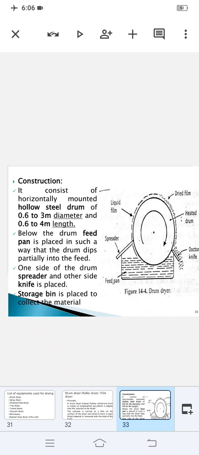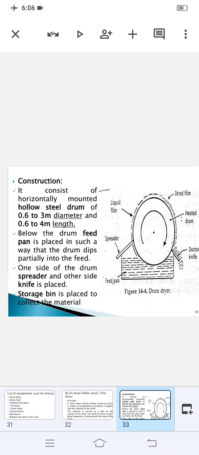As the drum is rotating, that liquid film attached to the surface of the dryer is getting dried, and a doctor's knife scrapes the dried film off the surface of the drum dryer. There is a collector under the doctor's knife, so that the dried film of the solution is collected in that collector.